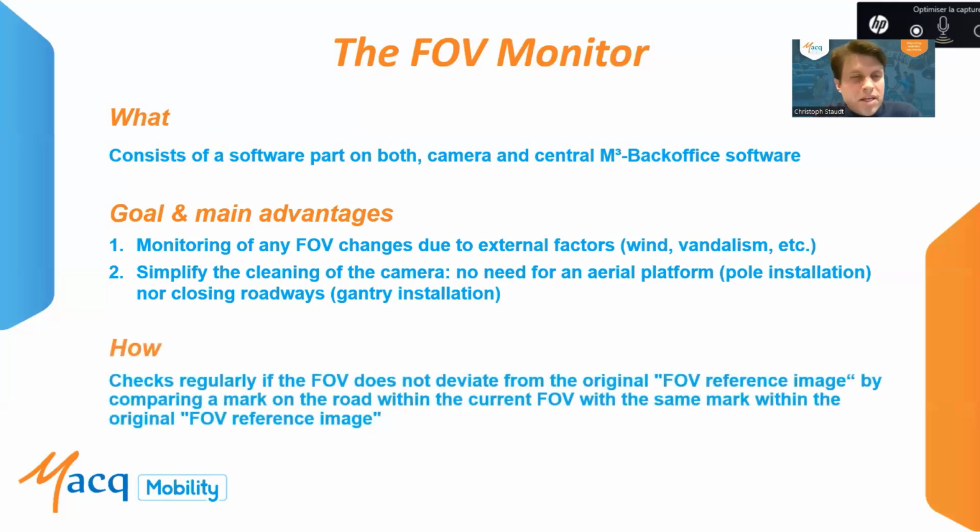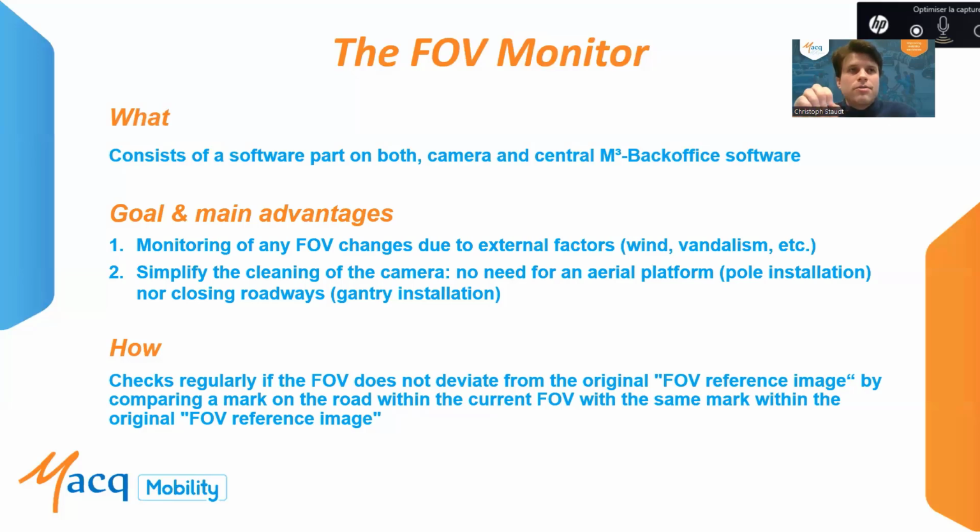How does it work? Basically, it's a very simple approach. The field of view monitor regularly checks the field of view reference image. On the reference image, a mark on the ground, on the road, is configured.